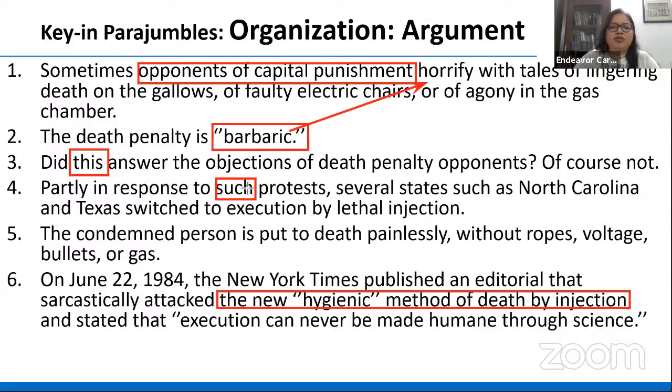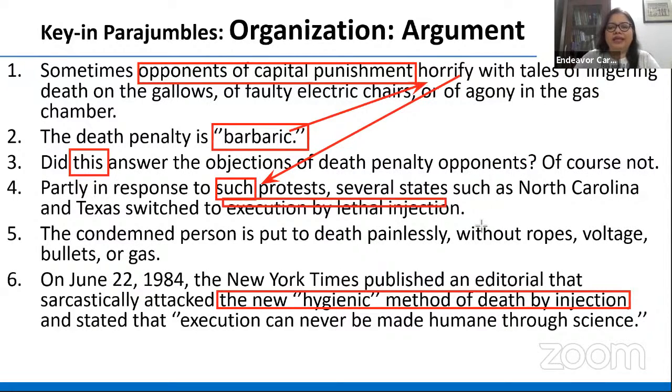Partly in response to such protests, the horrifying tales that they spoke of, let me put it the other way around. Partly in response to such protests, you had something new coming up. And what's that new thing?